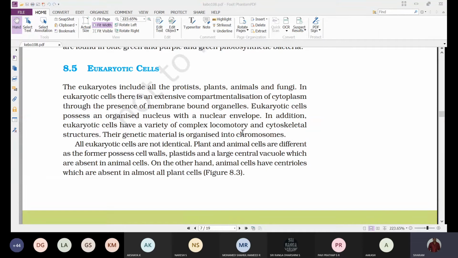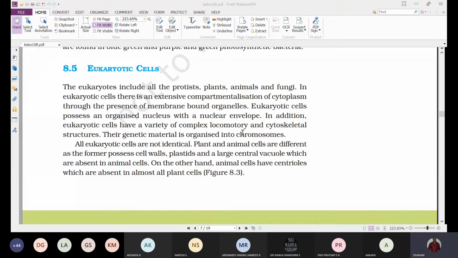In eukaryotic cells, there is an extensive compartmentalization of cytoplasm through the presence of membrane-bound organelles. In prokaryotes, the cytoplasm does not have any compartment, meaning we don't find any membrane-bound cell organelles.